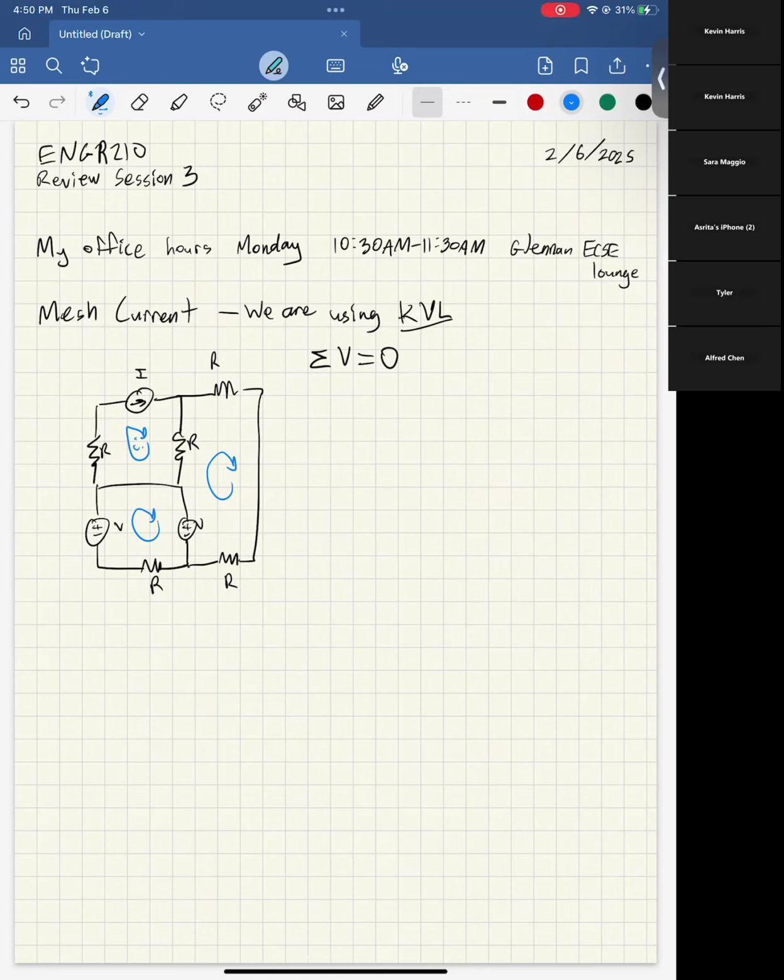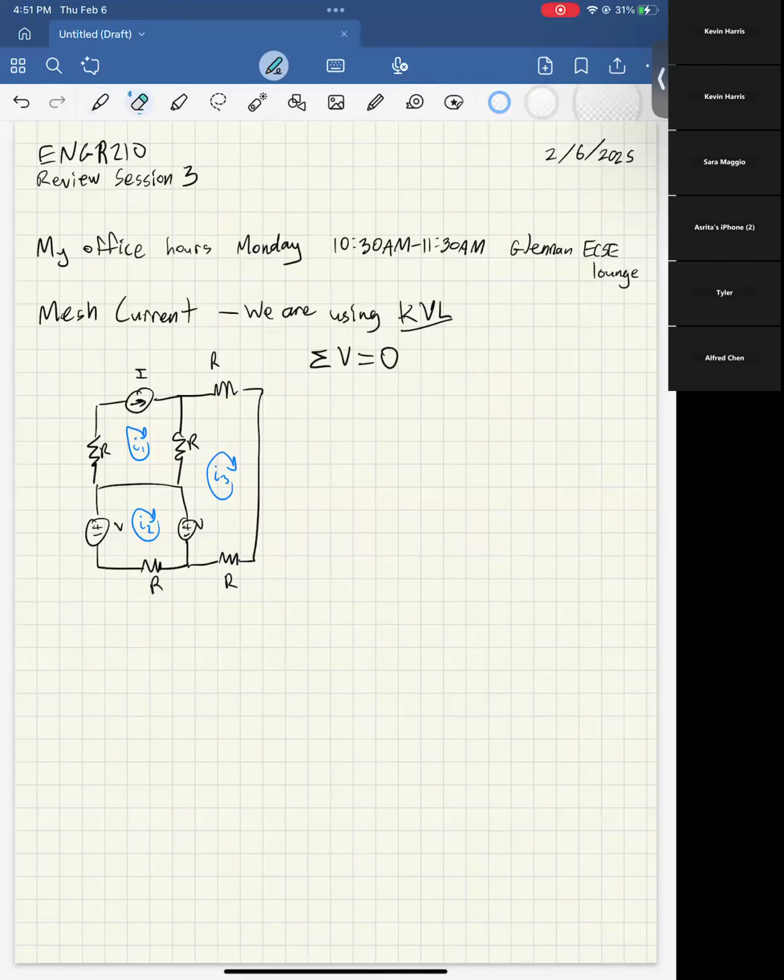It doesn't matter what you pick, or which one you call what. Then for each of these loops, we write a KVL equation. The key thing with these KVL equations is that they are voltages in the equations. I'll show you what I mean in a moment.